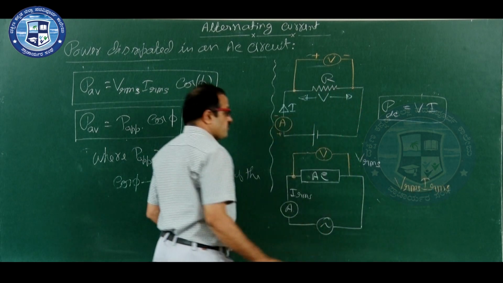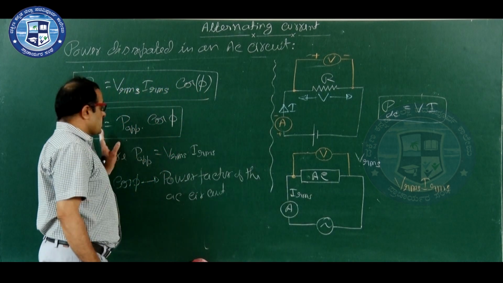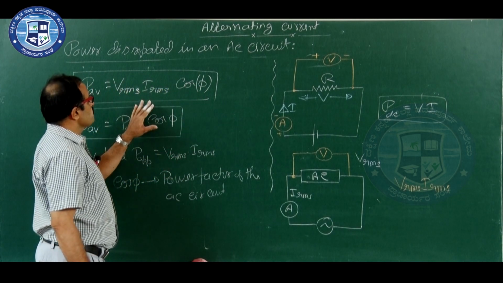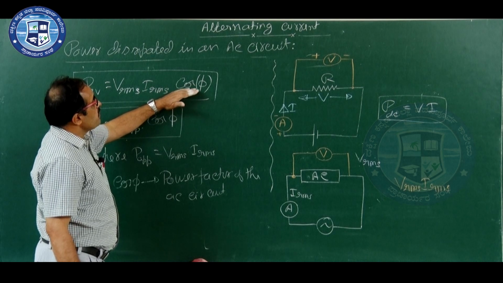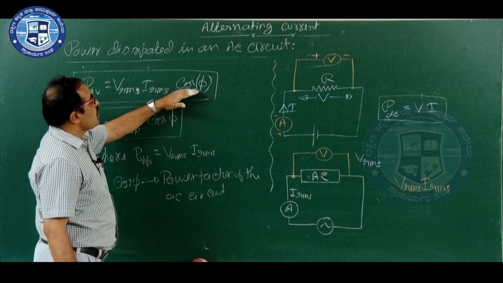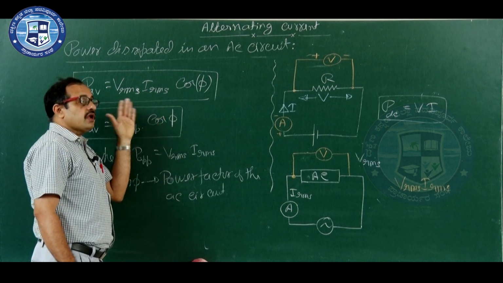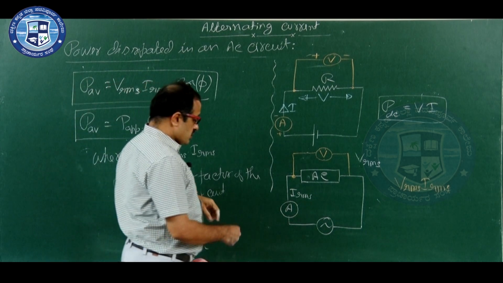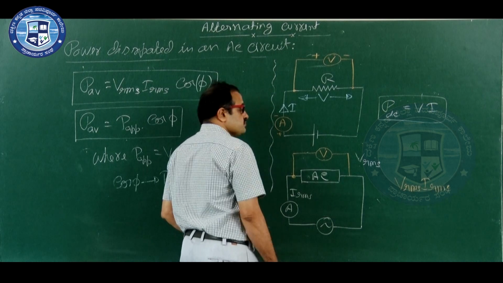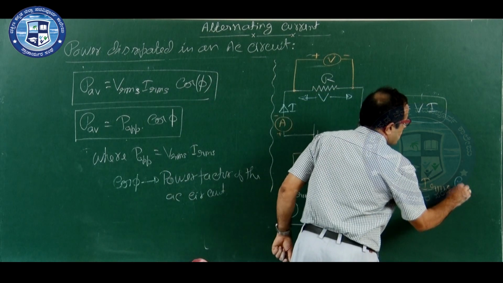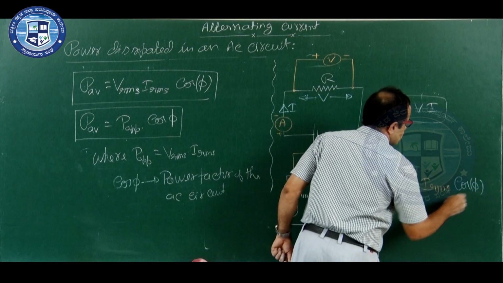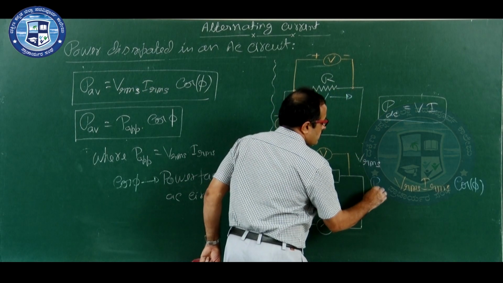But the question is, does it become actual power consumption? No. It is multiplied by one more term. What is that term? Cos phi. Then only it is the true power consumption or actual power consumption. Therefore, it is multiplied by cos phi, then only it is P average.